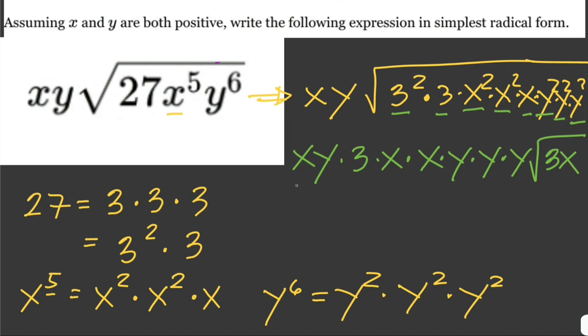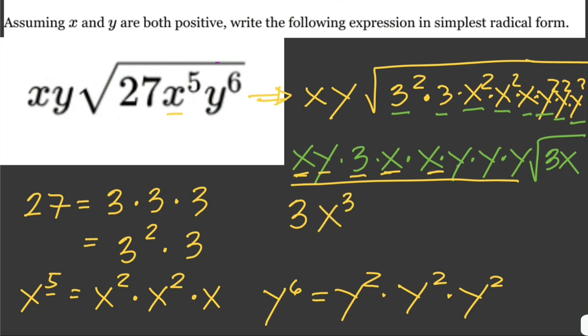And now we have these variables outside the radical. So we just have to simplify this. We group like terms. So we group all of the x's and the y's, and we only have one constant, or number, which is 3, so we just copy that. So we multiply x times x times x, so that is x cubed.